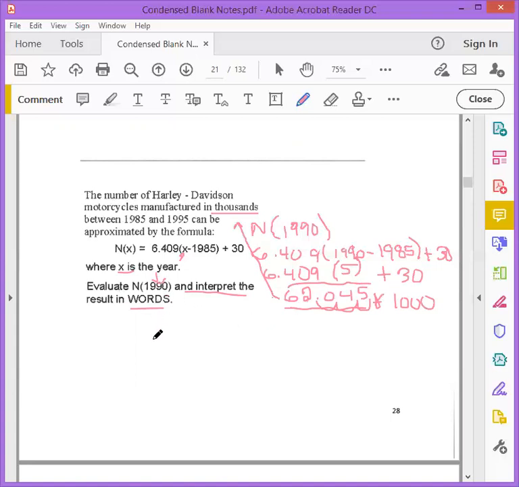In words, we would say that in the year 1990, 62,045 motorcycles were manufactured. They were built, they were made. So 62,045 motorcycles were made.